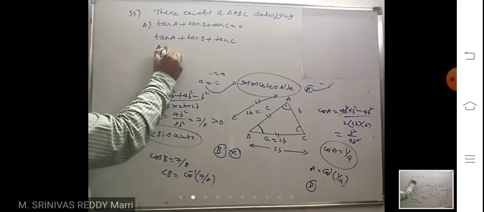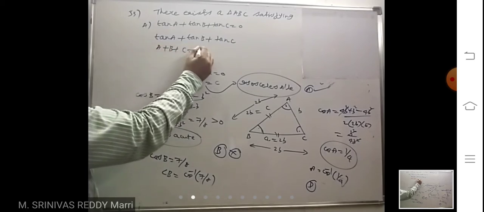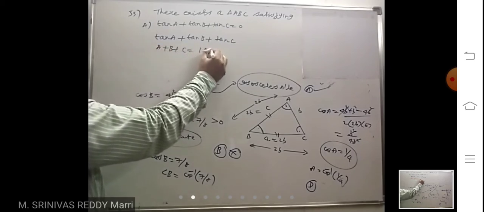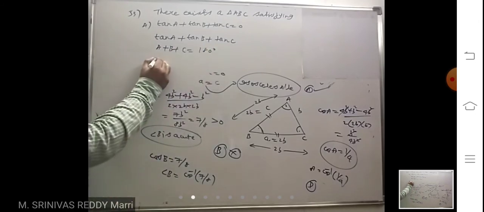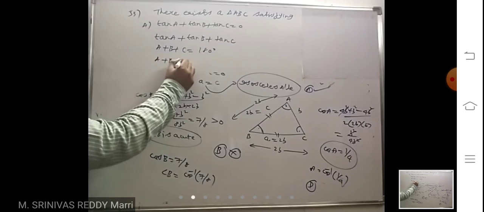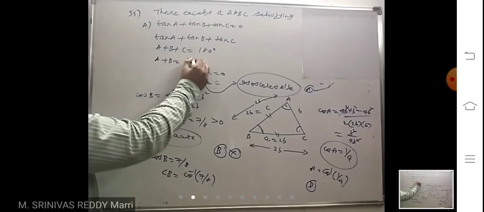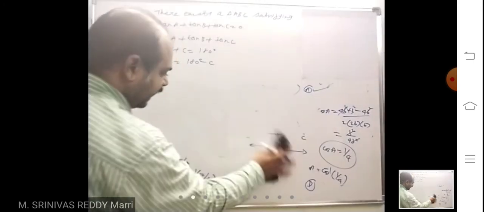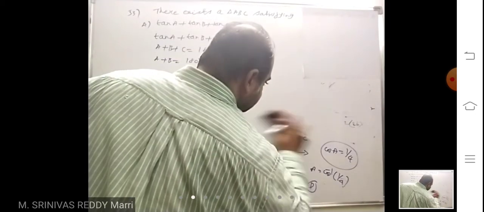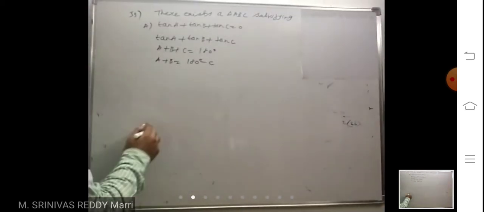In a triangle, A plus B plus C is 180 degrees. So A plus B is 180 degrees minus C. Apply tan on both sides.